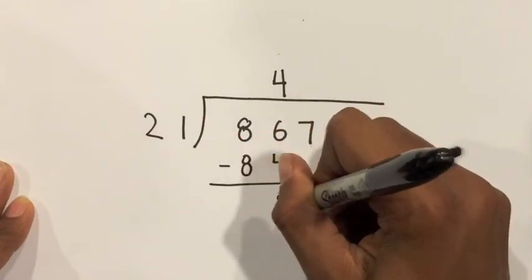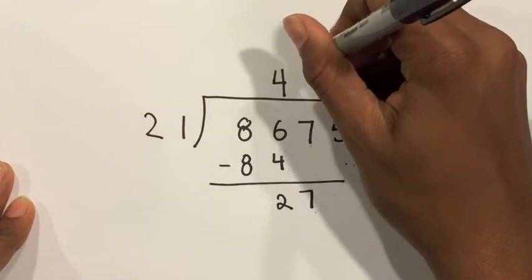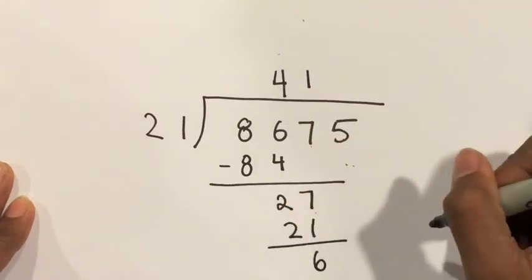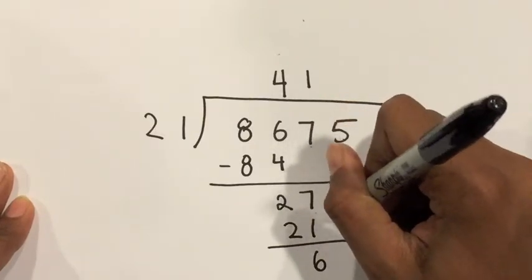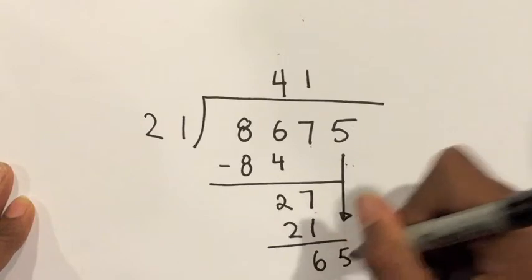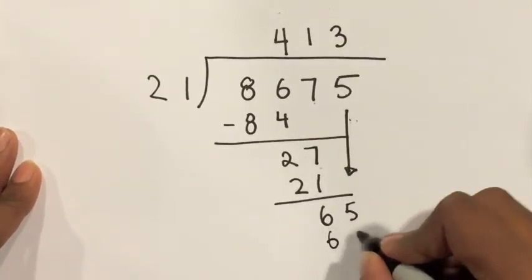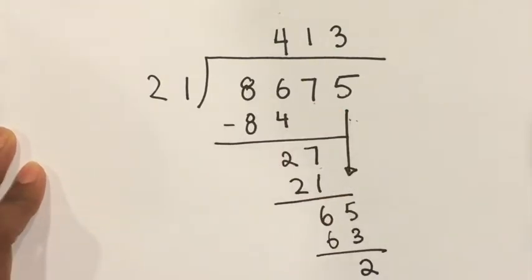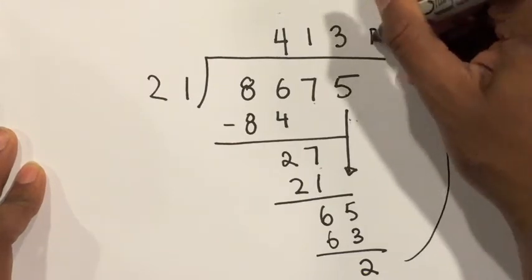Subtract 2, 7, down to 1, 6, bring down the 5. Give it 3, 63, 2. So 21 doesn't go into 2 any more times, so we're going to bring this all the way back up and write remainder 2.